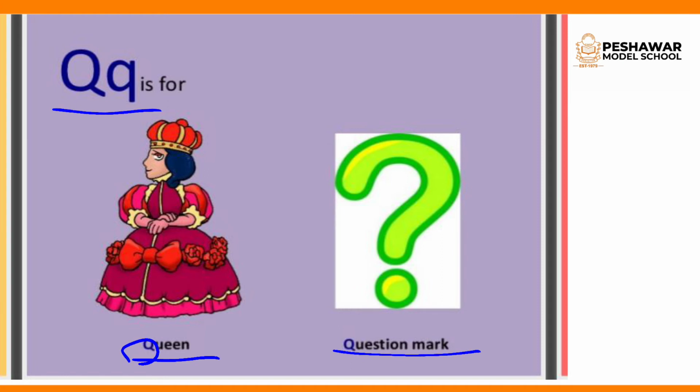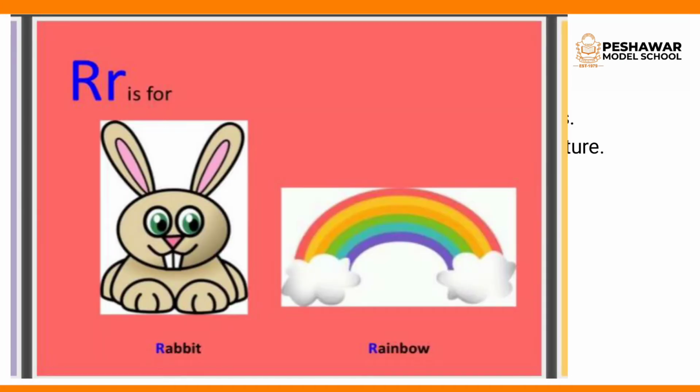Moving towards our next letter, that is R, capital R, small r. What is the sound of R? The sound of R is R. Now look at the first word, rabbit. What is the initial sound?